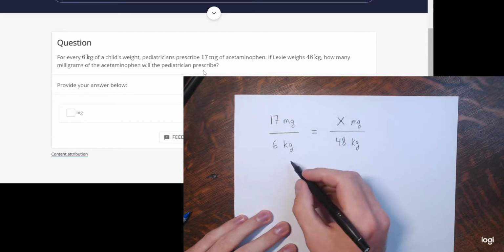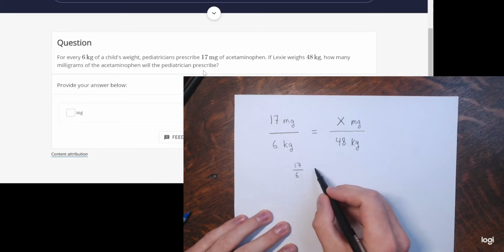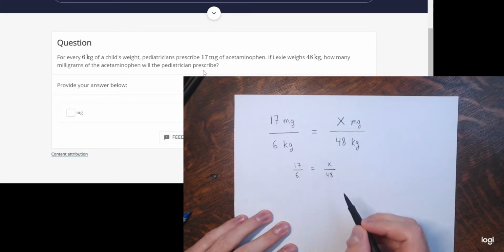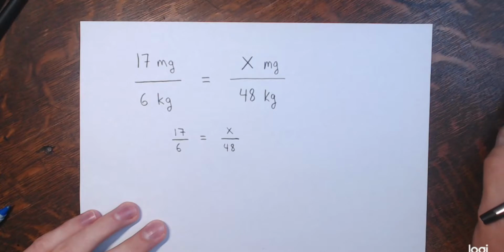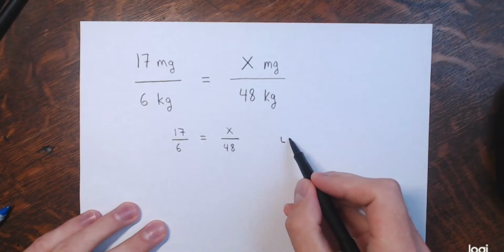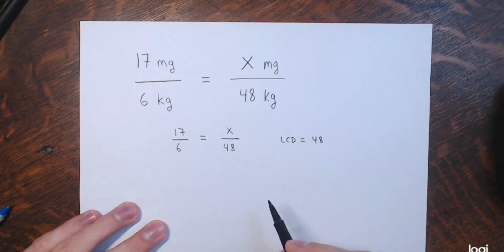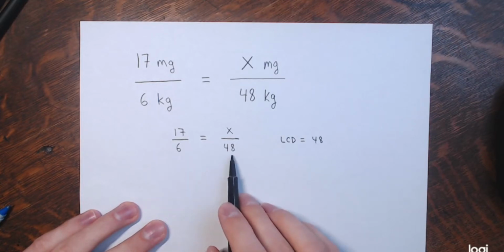Getting rid of the units now, we have this proportion, 17 over 6 equals x over 48. Solving this rational equation, I'm going to make this a little bigger. Now again, I'm hoping you can see the LCD is 48. This isn't always going to happen, but so far with these questions, one denominator goes into the other evenly. 6 goes into 48 8 times, since 6 times 8 is 48.